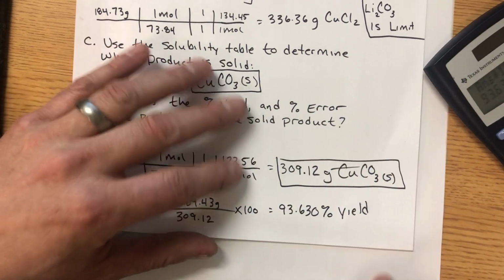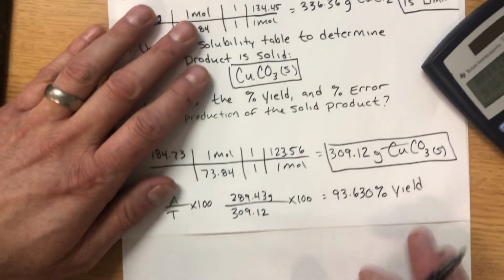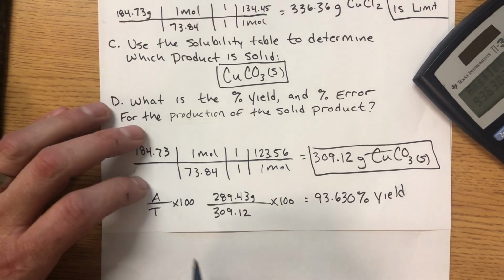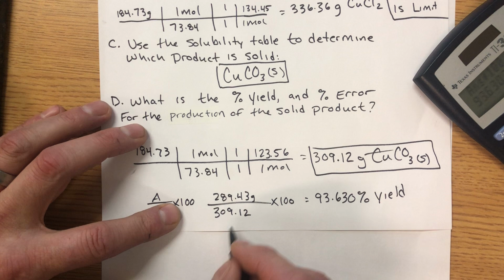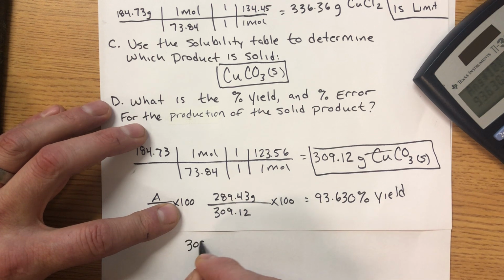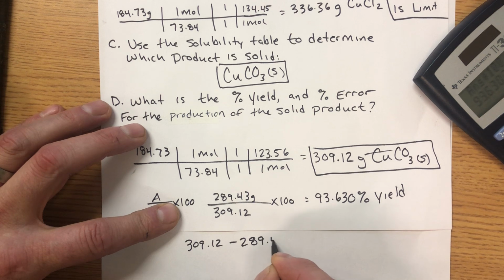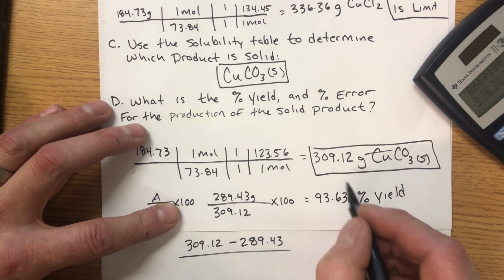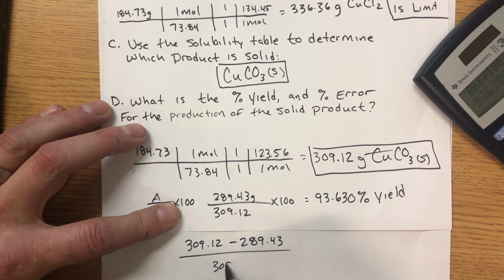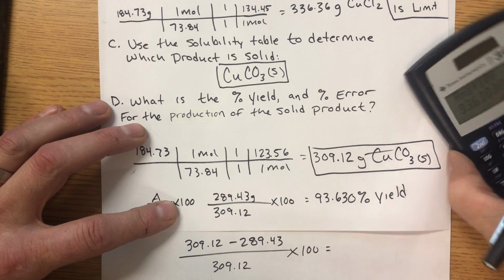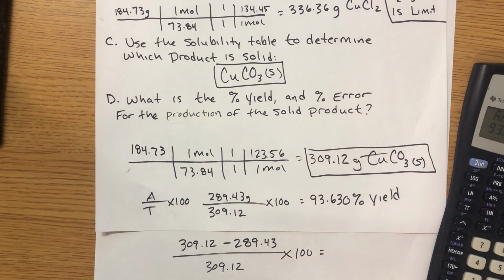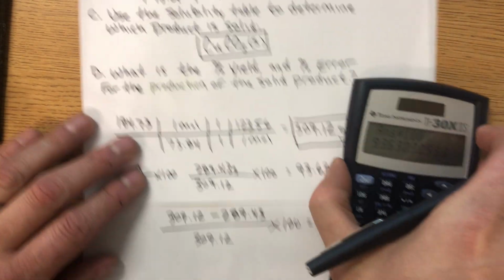And then our percent error is, again, just the difference between the actual and the theoretical. I'm going to do the bigger number first, 309.12 minus 289.43. Divide that difference by the theoretical here, 309.12, times 100. Okay, let's do the math here.